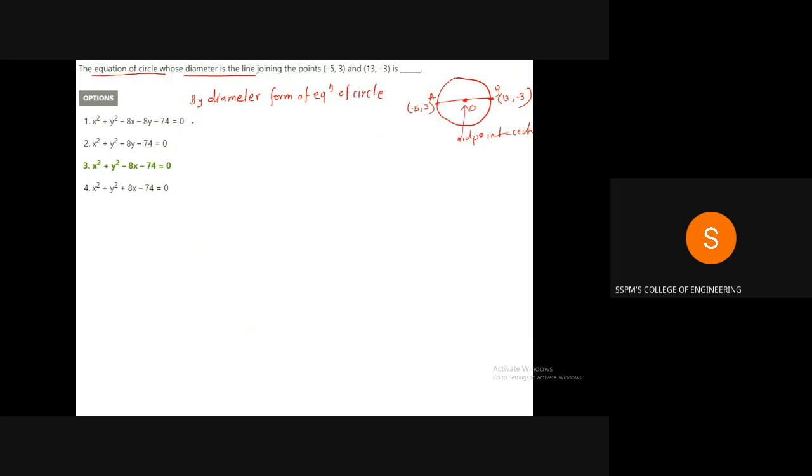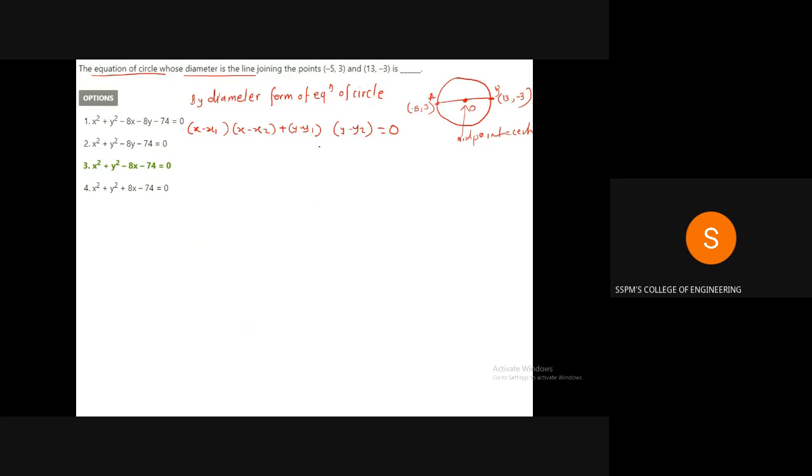It is given by x minus x1 times x minus x2 plus y minus y1 times y minus y2 is equal to 0.